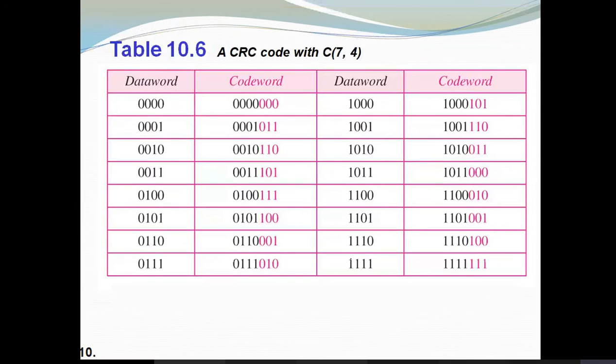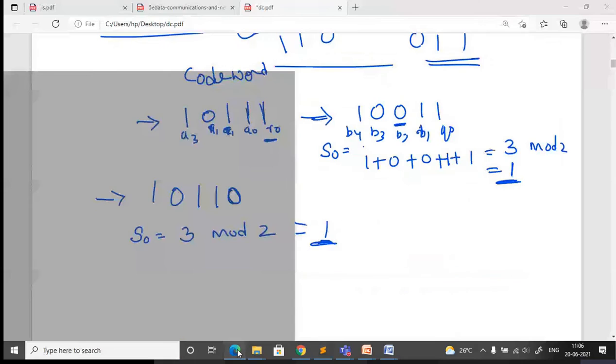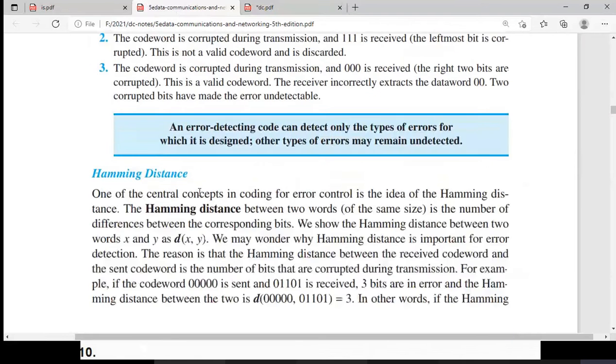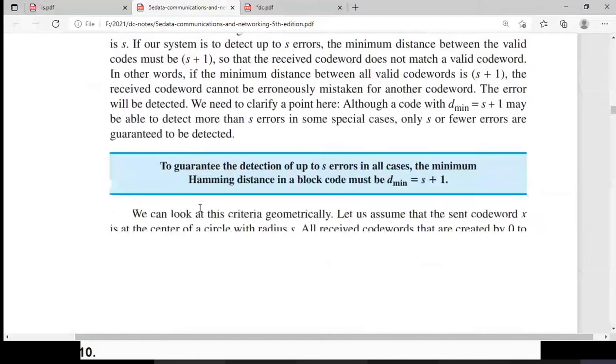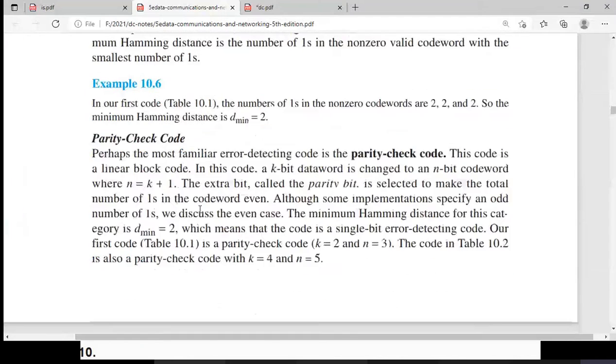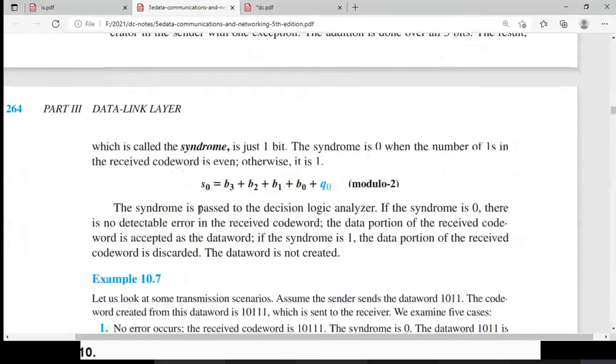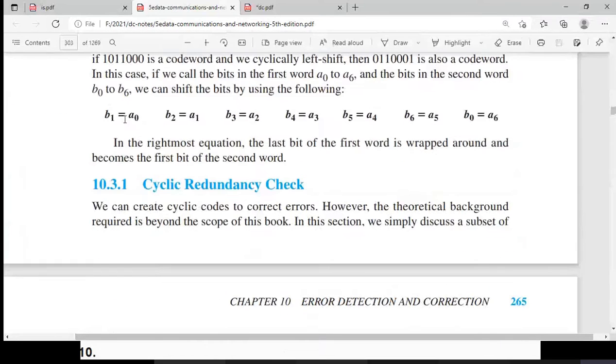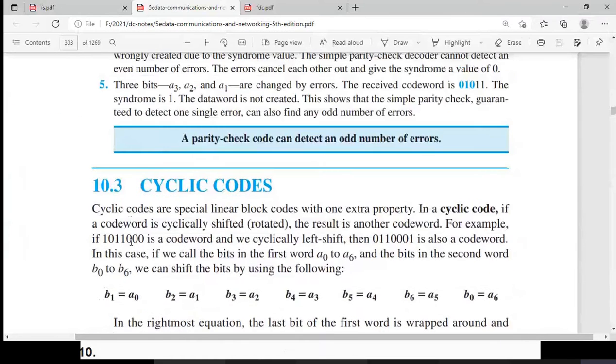Okay, so I was explaining that if you rotate numbers, you're going to get one more new valid code word. That example is not there here. If you are just interchanging or rotating the numbers, you are going to get a new number: b0, b6, b5, b4, b3, b2, b1.